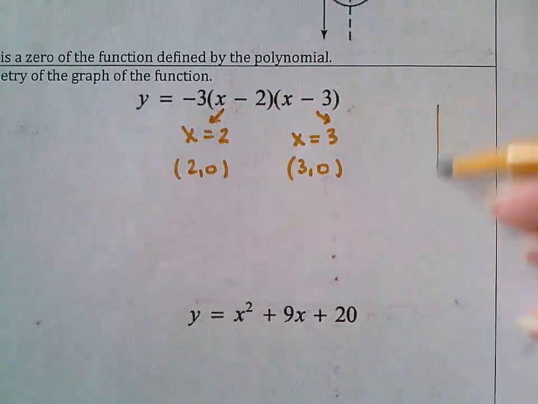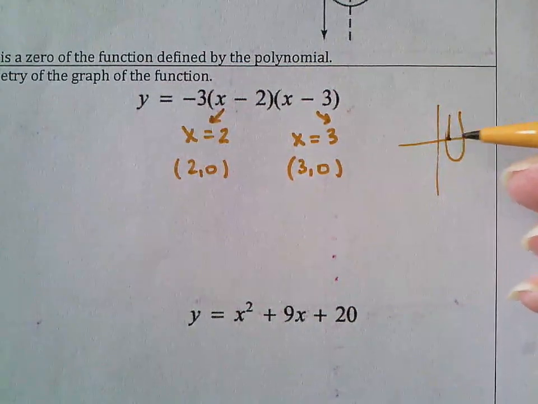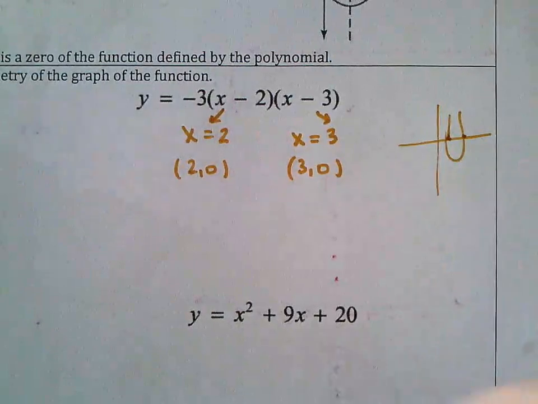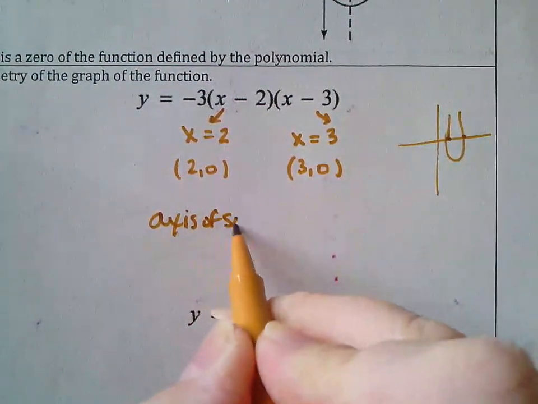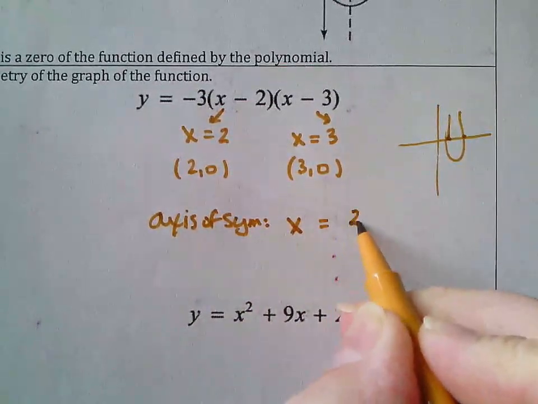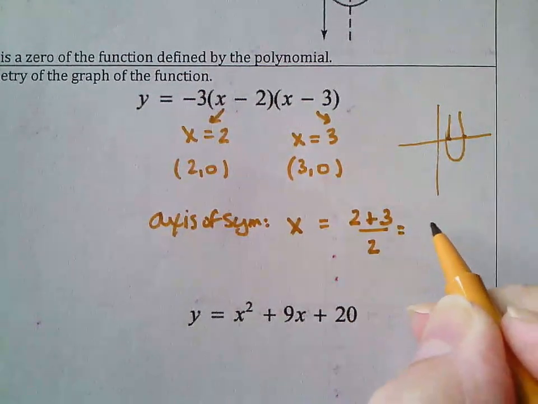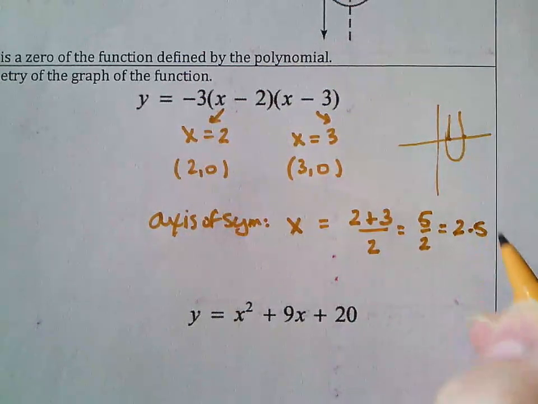So 2 and 3 would be right about there. That's just giving you an example, that's not actually the graph. So your axis of symmetry is when x equals (2 + 3) divided by 2, or in this case, 5 halves, which equates to 2.5.